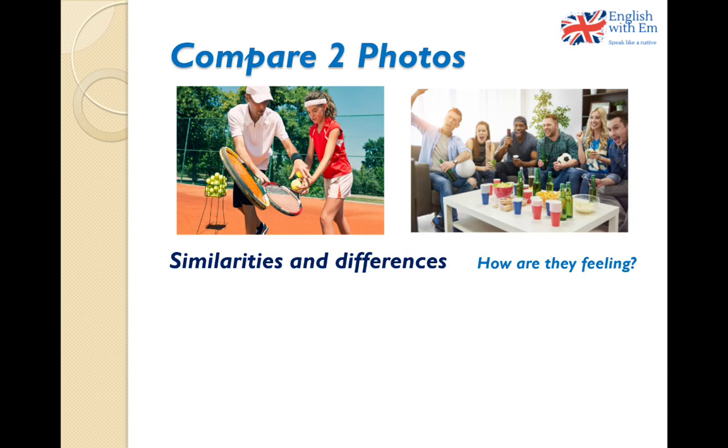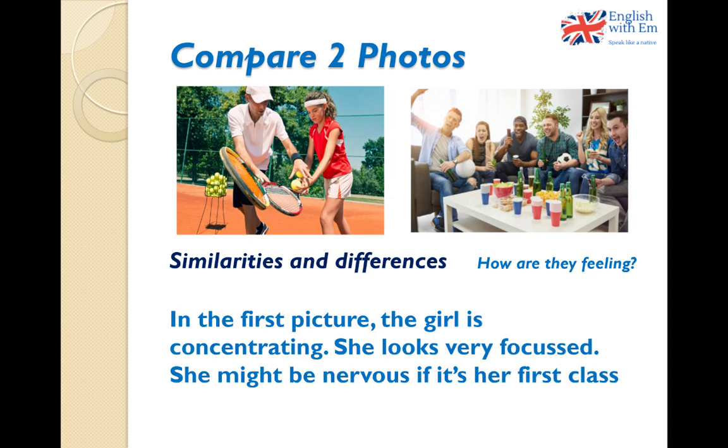And how are they feeling? In the first picture, the girl is concentrating. She looks very focused. She might be nervous if it's her first class. Again, we've got looks. Now, instead of looks like, we use look like followed by a noun and look followed by an adjective.